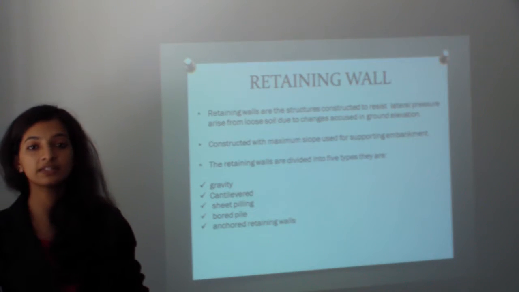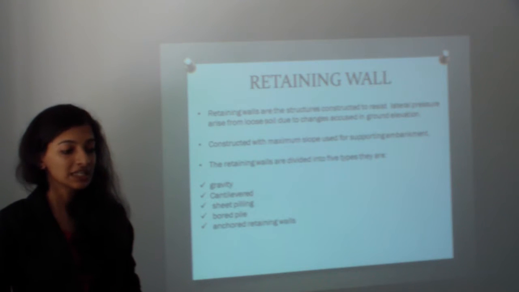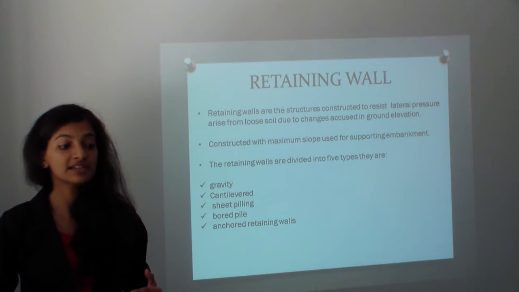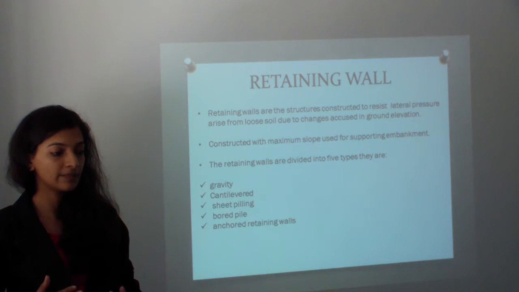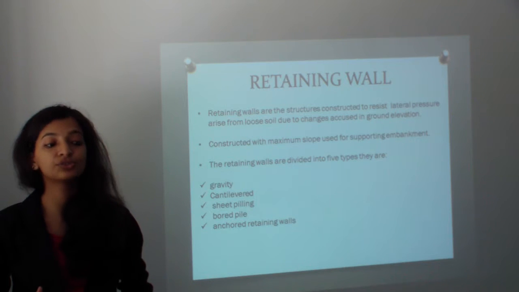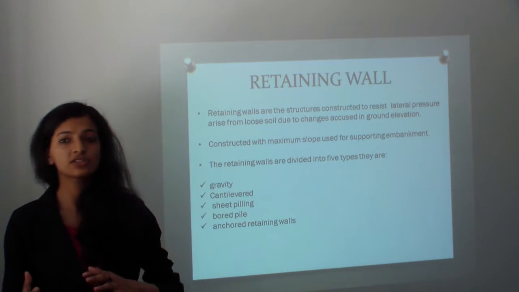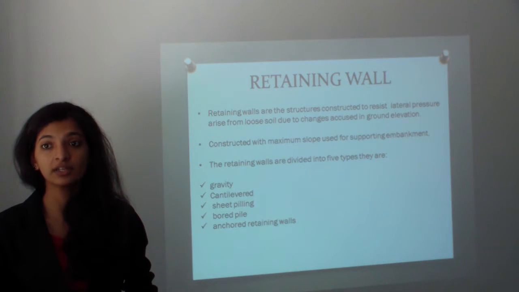This next part is retaining wall. What is meant by retaining wall? The retaining walls are structures constructed to resist the lateral pressure arising from the base of the loose soil due to the changes occurred in the ground elevation, and are also constructed to protect the building from soil erosion.